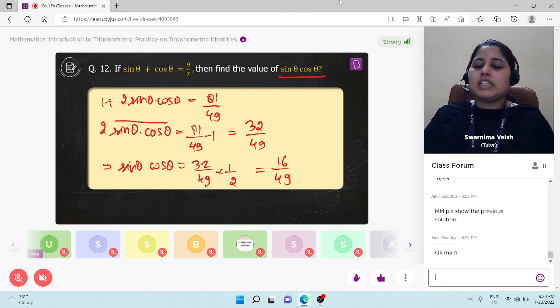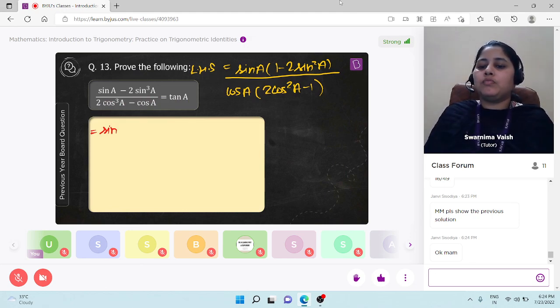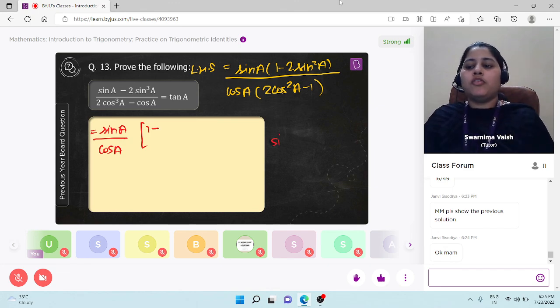Okay, so friends, the last question here. So now, it will be equal to sine A by cos A into 1 minus 2. Students, now from the identity first, we know that sine squared theta plus cos squared theta is always equal to 1. So sine squared theta will be 1 minus cos squared theta.